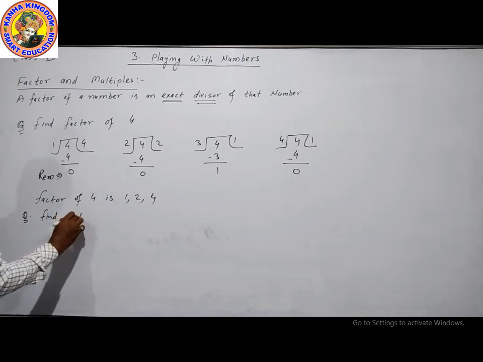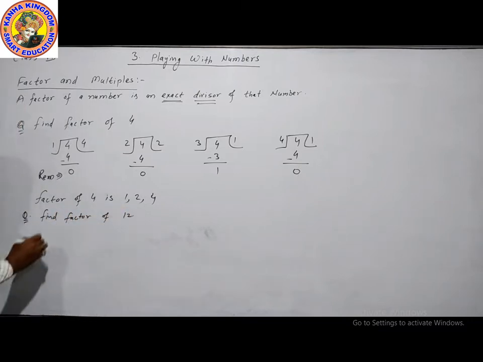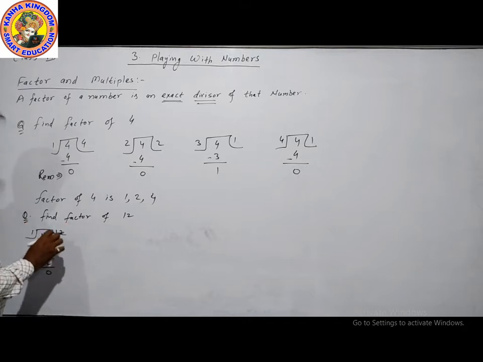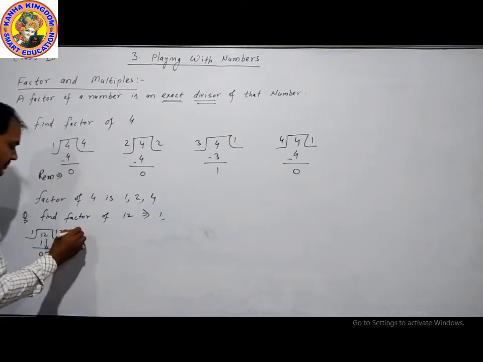Find the factors of 12. First of all, dividing by 1: 12 times 1, remainder is 0. So this exactly divides, so the first answer is 1.